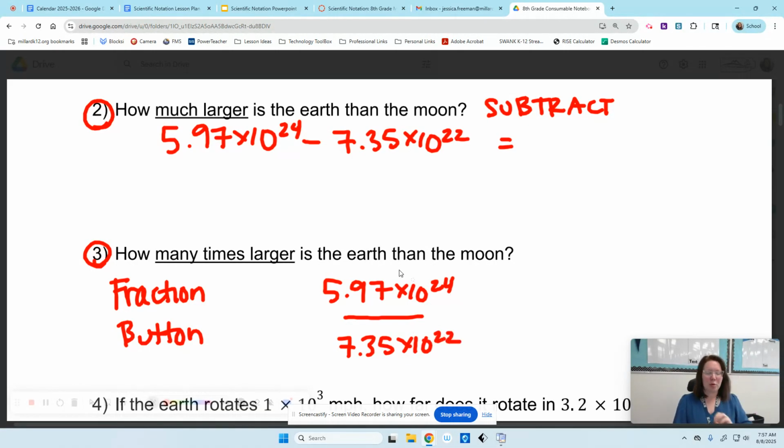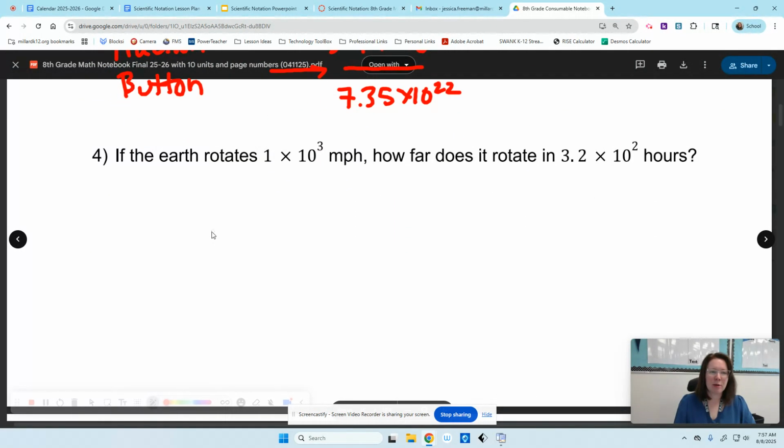That's how we solve the problem of order of operations, is by using that fraction button. Because remember, fraction button just means divide. That's all it means. So when it has how many times, that actually means divide. Okay? Those are the two we're going to focus on when we do some more practice tomorrow.